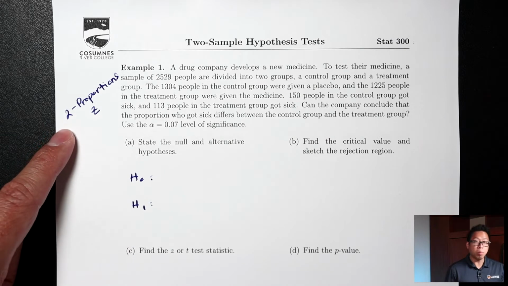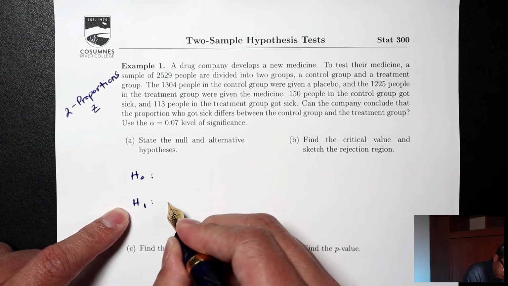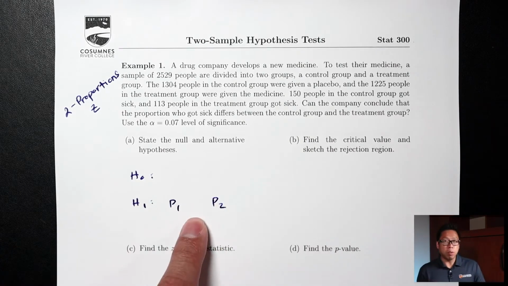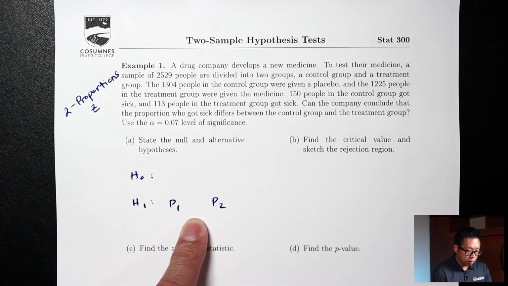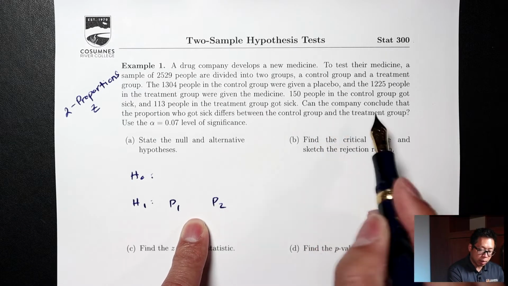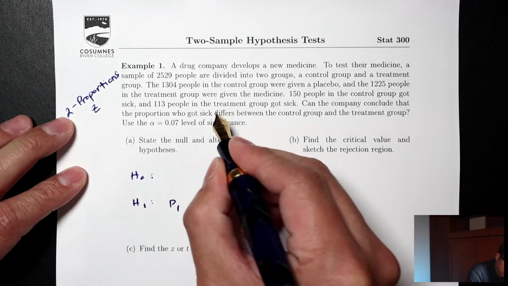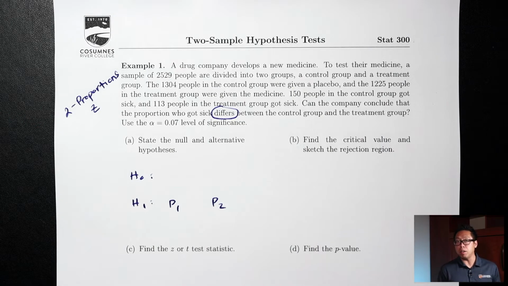And because we're talking about two proportions, we're going to have a P1 and a P2. So H1 will involve a P1 and a P2. Symbol in the middle will either be a less than, a greater than, or a not equals. If we look back at our question here, it says, can the company conclude that the proportion who got sick differs? So the keyword differs is telling me that this is a not equals.